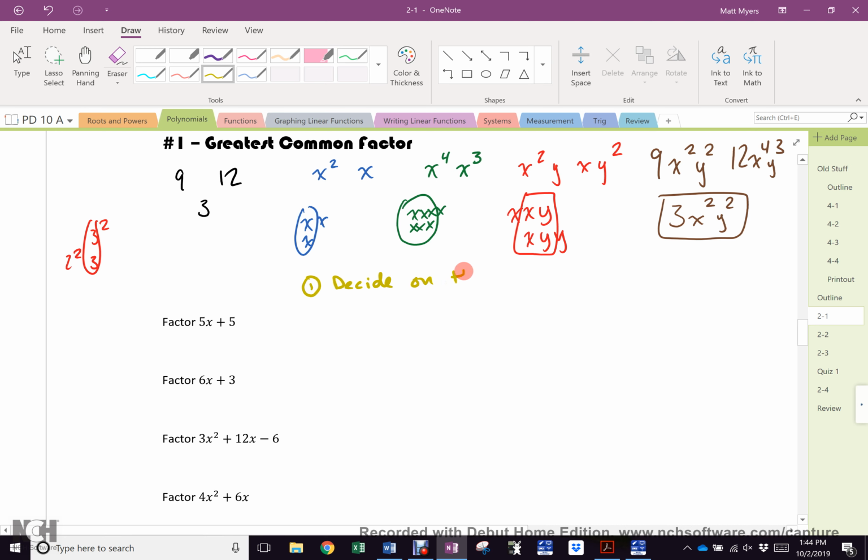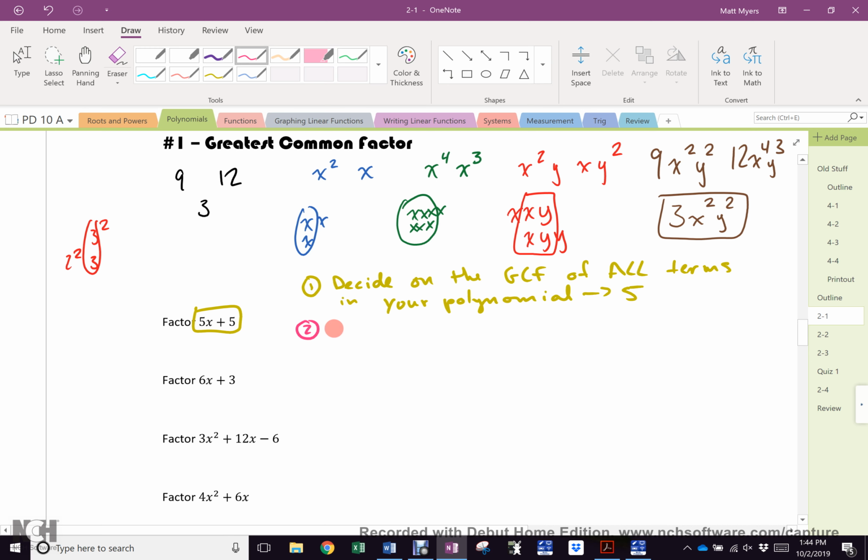Decide on the GCF of all the terms in your polynomial. So you guys have already decided that that is indeed, in this case, 5, right? Because we're working with this one right here.